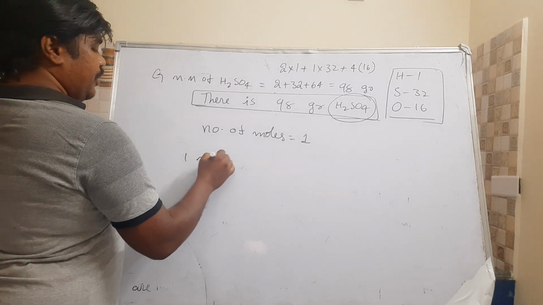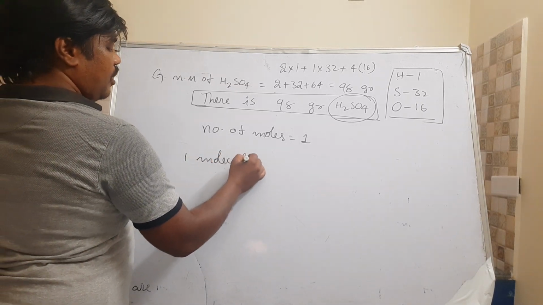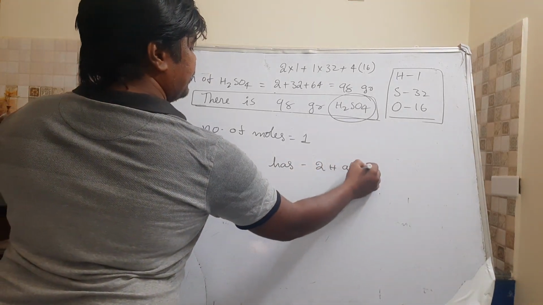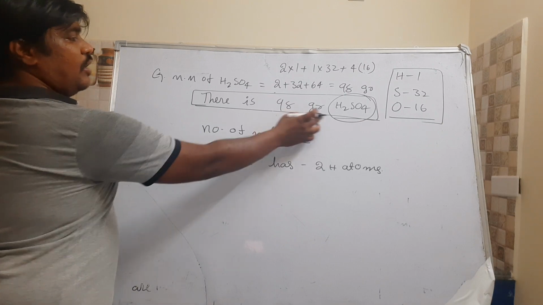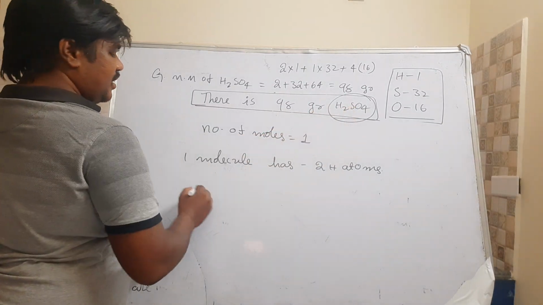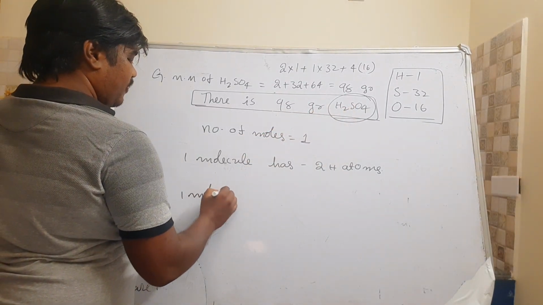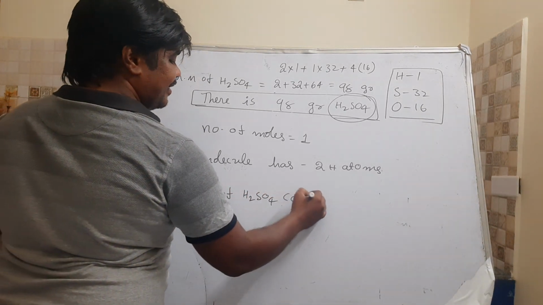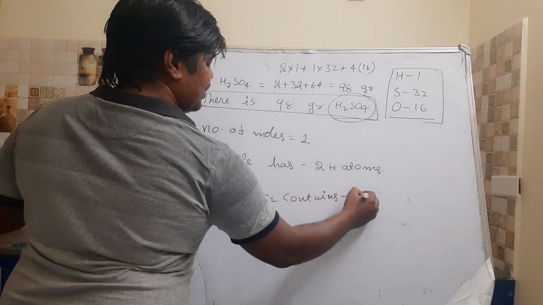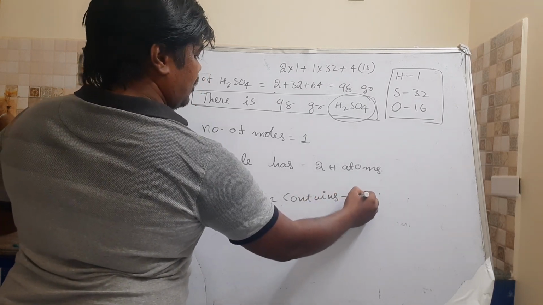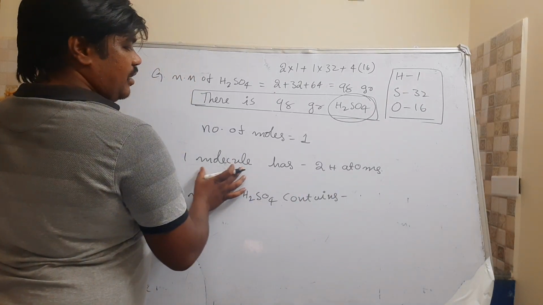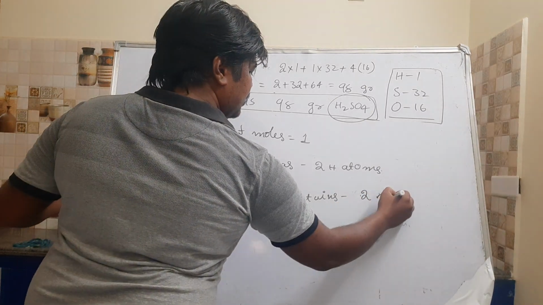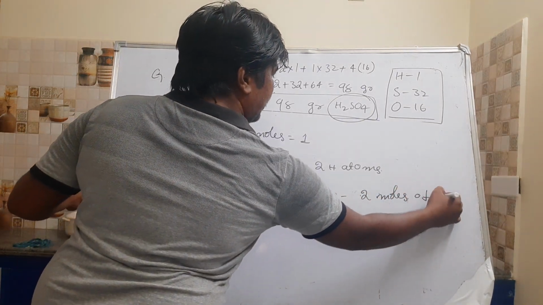One molecule of H2SO4 has two hydrogen atoms, right? So 1 mole of H2SO4 contains, in one molecule there are two hydrogen atoms, so in 1 mole there are 2 moles of hydrogen atoms.